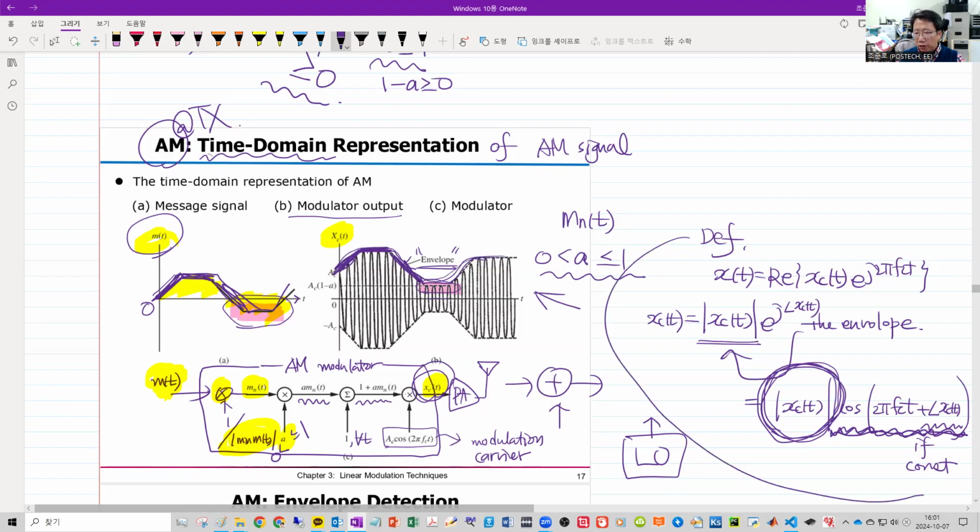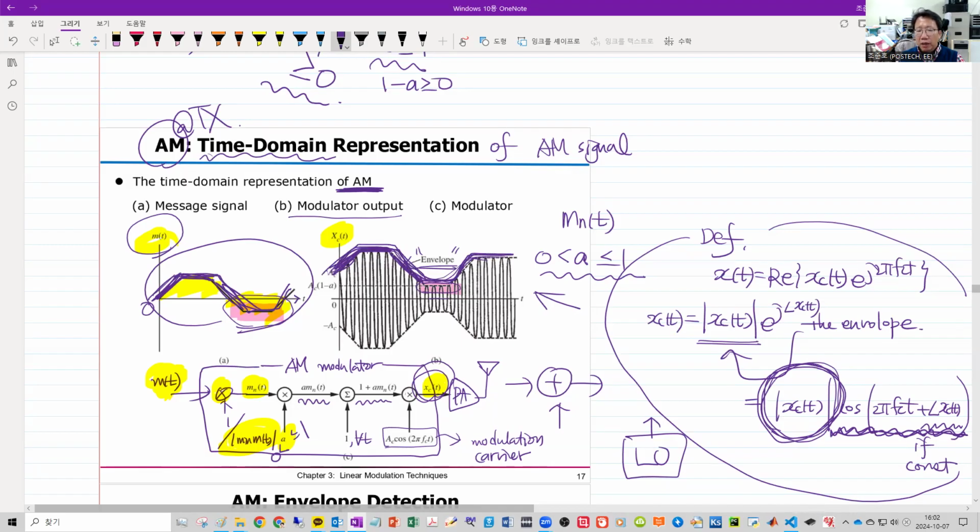So this is the definition of envelope, and you can now say that an amplitude modulator, AM modulator, lets the modulated carrier convey its message in its envelope.